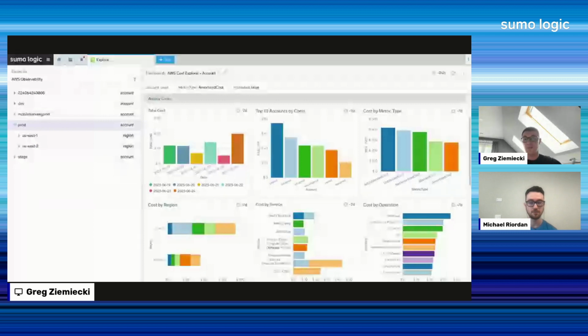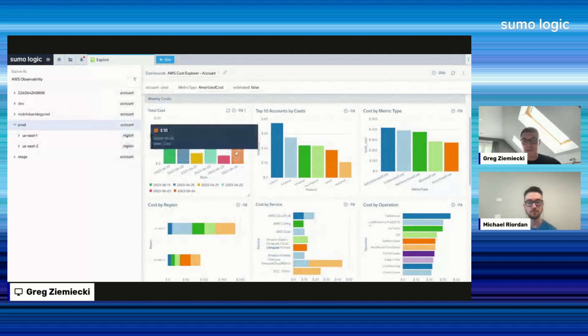So overall, from an optimization perspective, you can also see that over the last week there have been some changes. There are some ups and downs, but overall the trend is flat. But if we look at, let's say, the biggest contributors in terms of accounts, we see, for instance, UX prod and data prod.